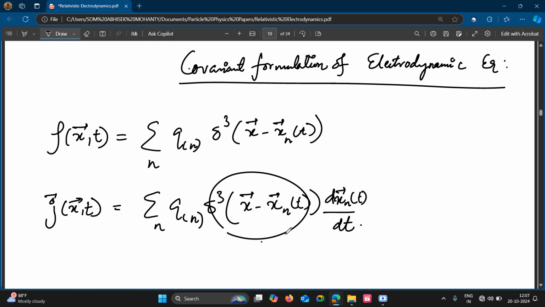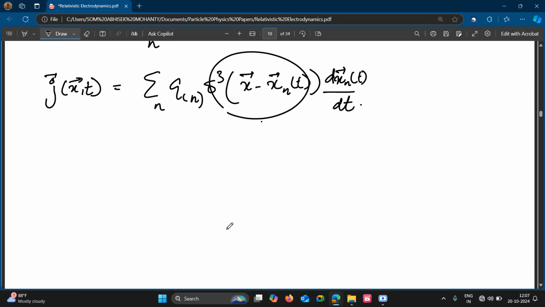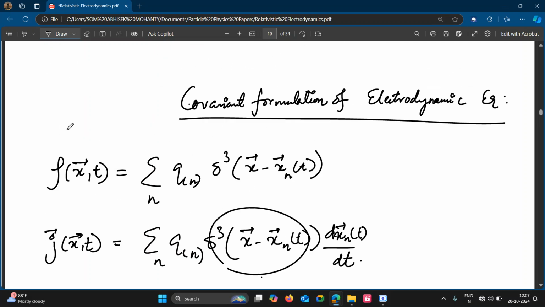Suppose we are studying the four current density.